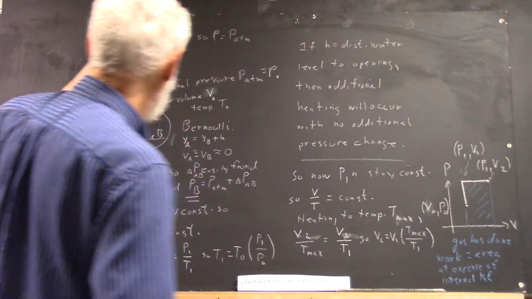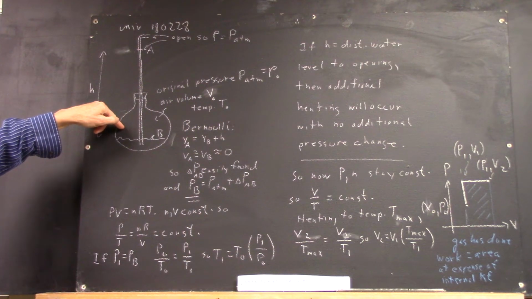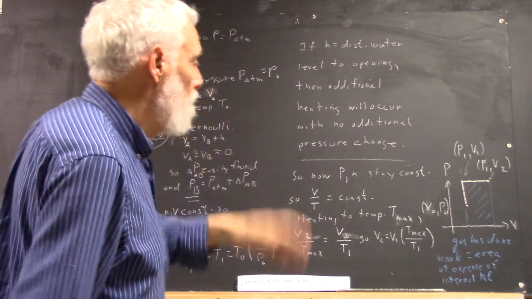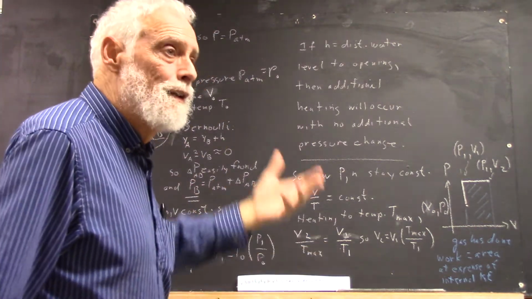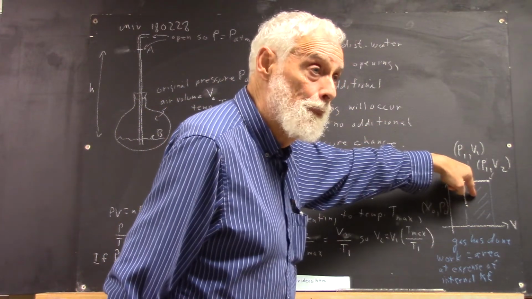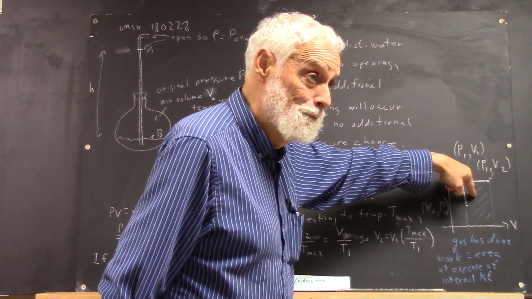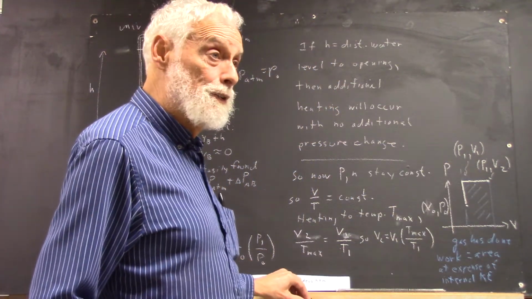Of course, you're also adding energy to heat the gas, right? So it's at the expense of internal kinetic energy, but you're increasing the temperature, so you're adding more energy than you're spending to do this work. Got that? Make sense? If you understand energy conservation and so forth, it should make some sense.